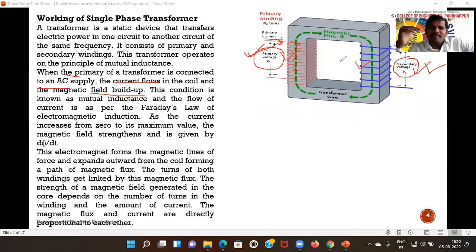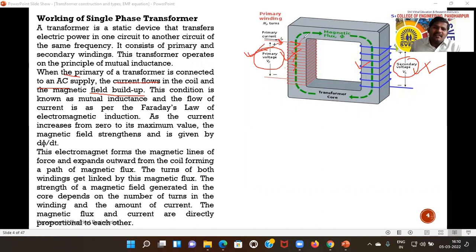As the current flowing from that coil increases from 0 to maximum value, the magnetic field produced by that current is also strengthened, it also increases. जसा जसा current आपण supply चा increase करत जाऊ, the magnetic field created by that coil will increase.